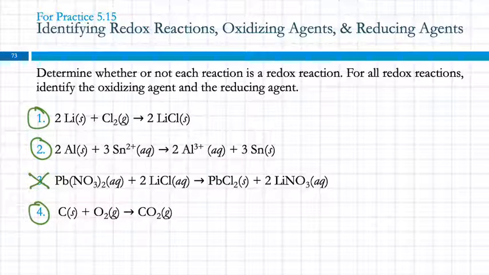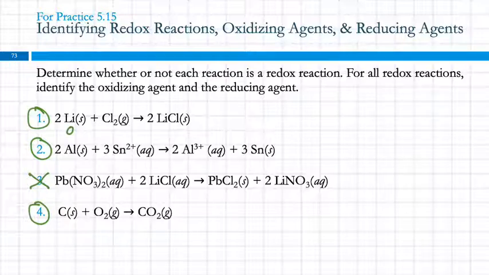Now we have to identify the oxidizing agent and the reducing agent. So let's just look at what the oxidation states are and what's going on here. So the oxidation state for lithium: zero.